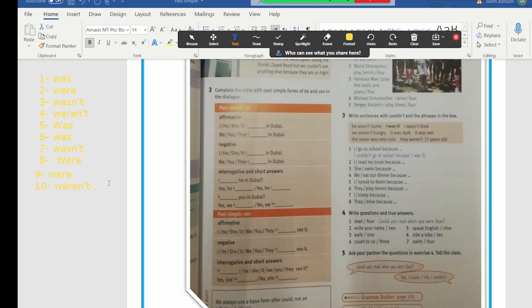We use could. Number 11. Number 12: I, he, she, it, we, you, they. Negative form.